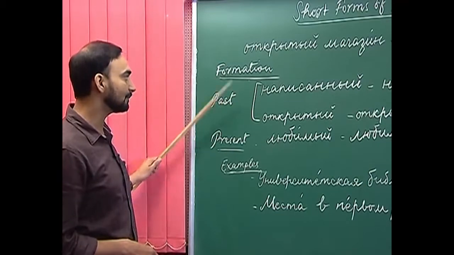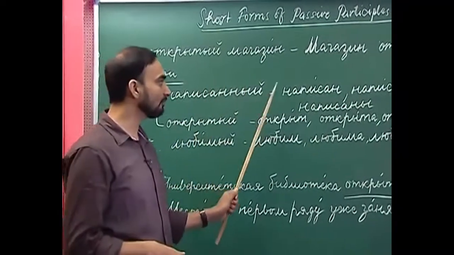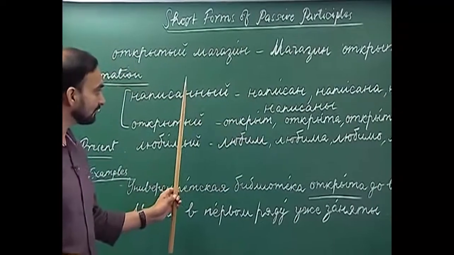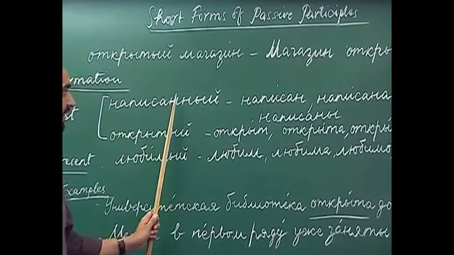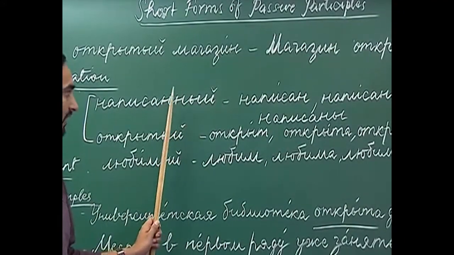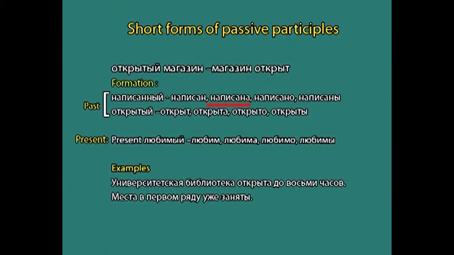From past participle passive, for example, написанный, how do we form the short form? You have to just drop н, ый and е кратке. So, basically if there are two н, you have to drop one н and the ending. So, we get написан.